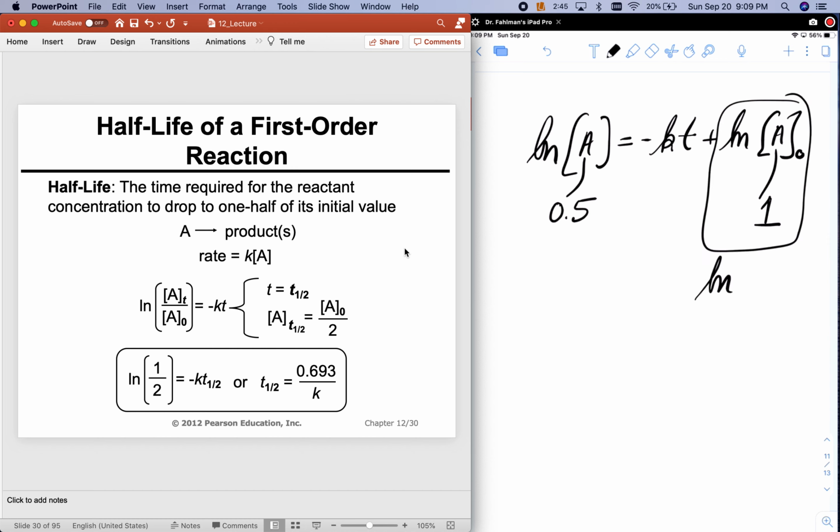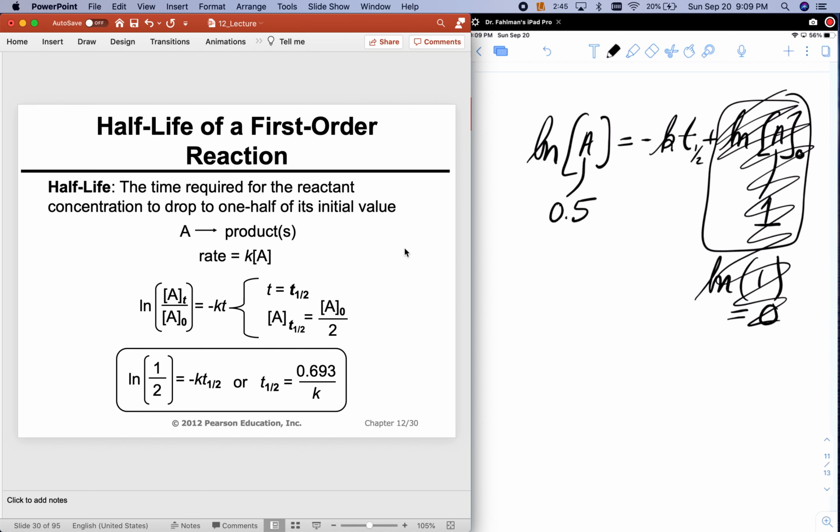So ln of 1 is equal to 0. What's nice about this is that this term goes away for half-life. Then we typically put a little sub 1/2 just to remind us that it's half-life here.